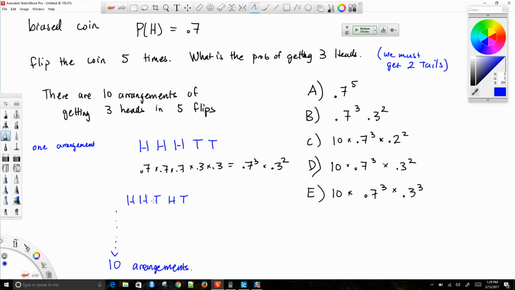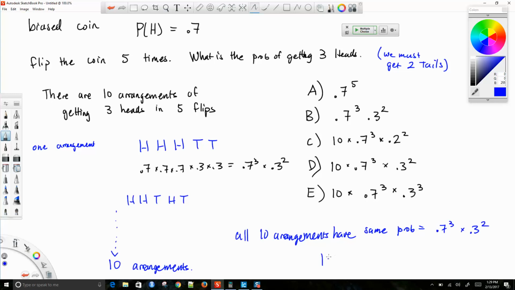and every single one of these arrangements is going to have 3 heads and 2 tails, and therefore the probability of every single one will be 0.7 to the third times 0.3 squared. Okay, so all 10 arrangements have the same probability, which is going to be 0.7 to the third times 0.3 squared.